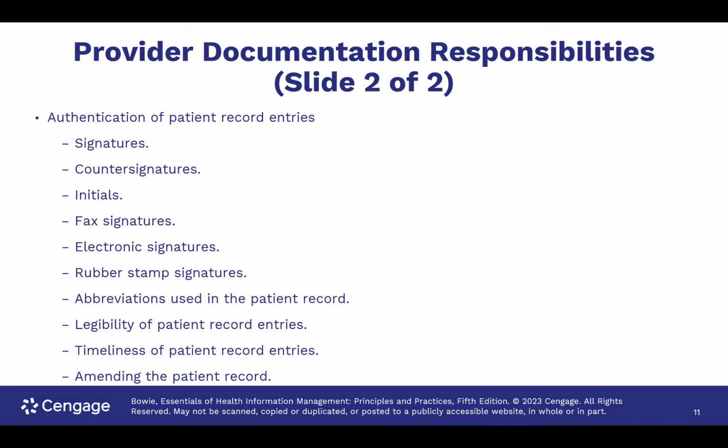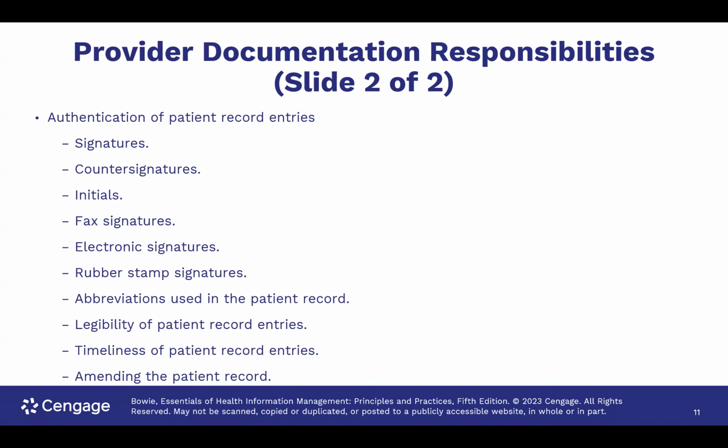The other thing that providers, meaning physicians, nurse practitioners, PAs, or anybody else who's legally authorized to document, is they need to authenticate. And this means such things as signatures. Signatures can be electronic or wet signatures, as lawyers say, that it's signed by hand and scanned, what have you.